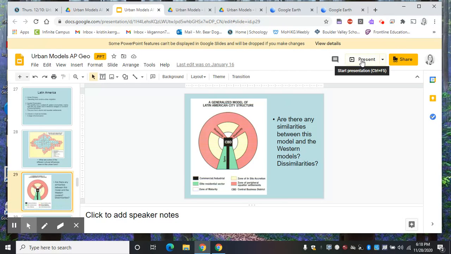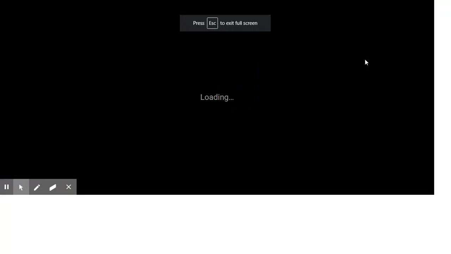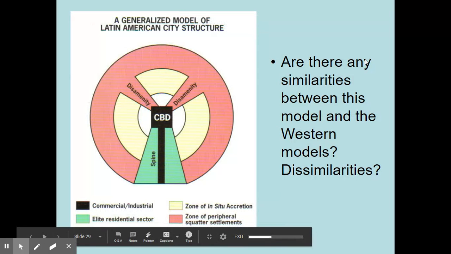All right, it's not it, because I still have to address the types of cities that are not in North America. So already I gave you the concentric, the sector, and the multiple nuclei models that are associated with North American cities. But I need to address, for the rest of your notes, the types of city models that develop outside of North America.